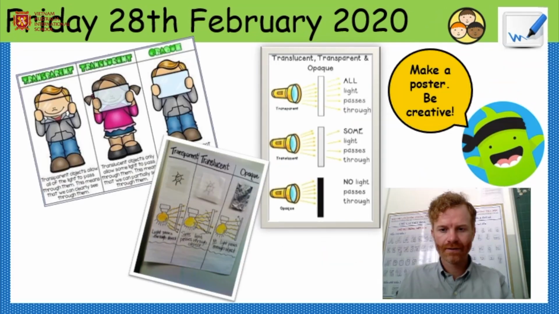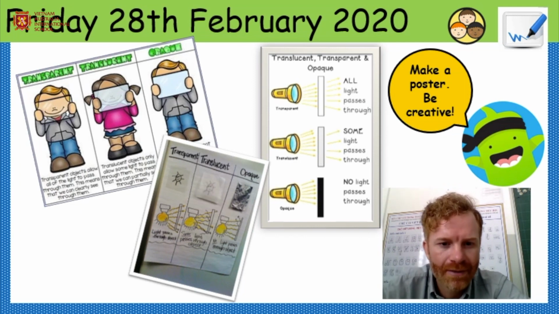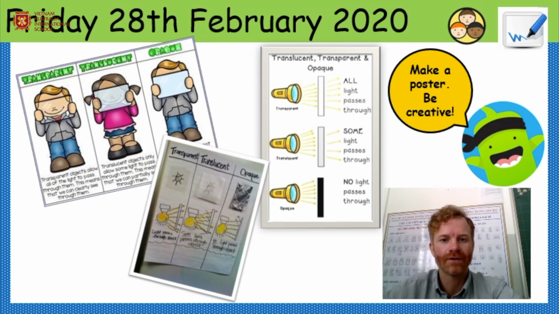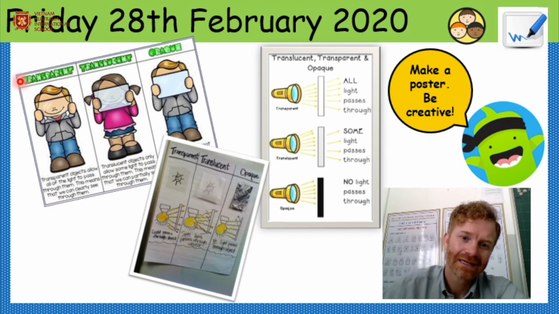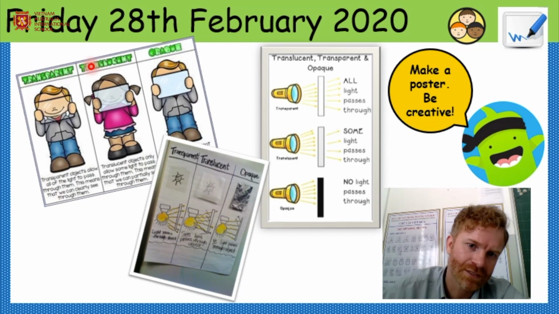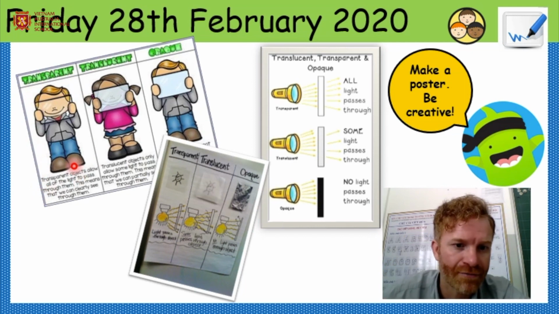Right, so what we're going to do, just to make sure that you completely understand the meaning of these words, what I would like you to do is be super, super creative and make a poster. So I've got 3 examples here. We've got three big columns, and in this one they've written transparent, translucent, opaque, and they've drawn some children holding up a piece of material right in front of their face.